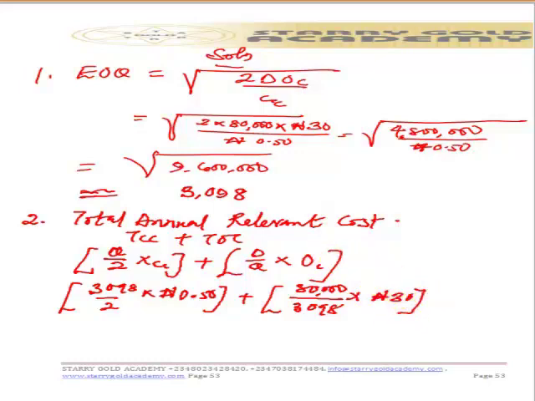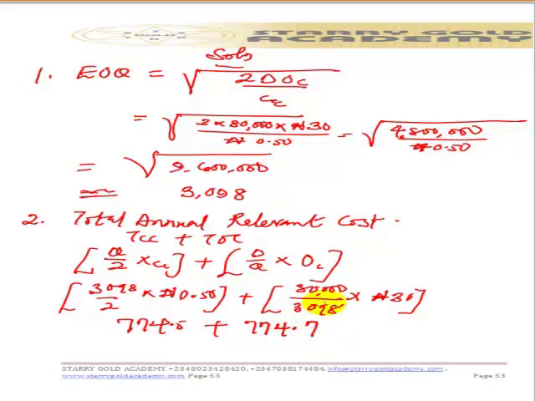So this is going to give us 3,098 divided by 2 times 0.50, that will give us 774.5, plus 80,000 divided by 3,098 times 30, that's 774.7.